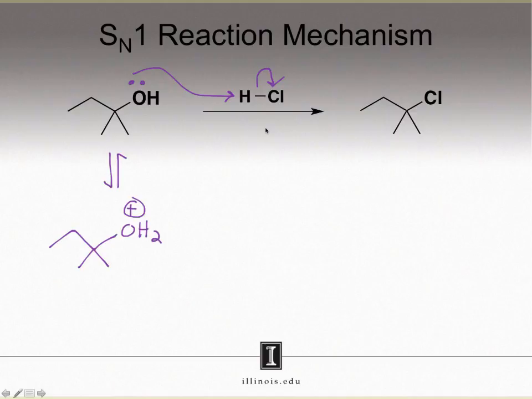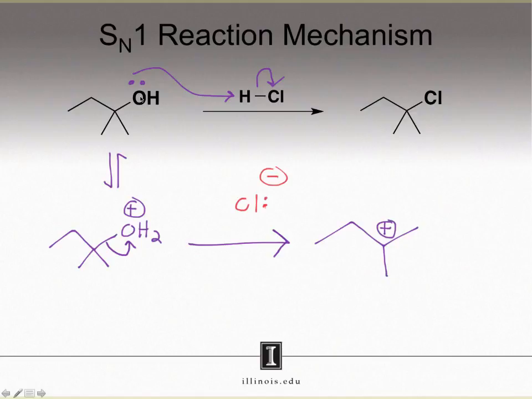Once the alcohol is protonated, we can begin the SN1 mechanism portion of this reaction. Remember, in an SN1 mechanism, we go through a carbocation intermediate. To make that intermediate, our leaving group is simply going to leave, to form our carbocation.